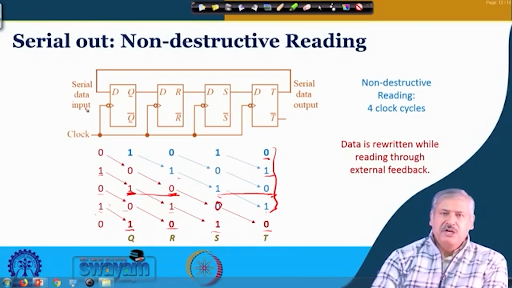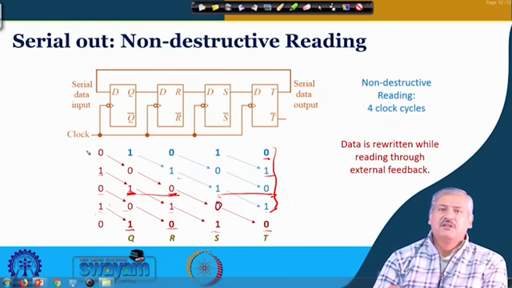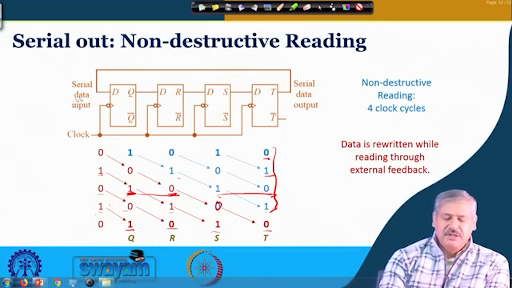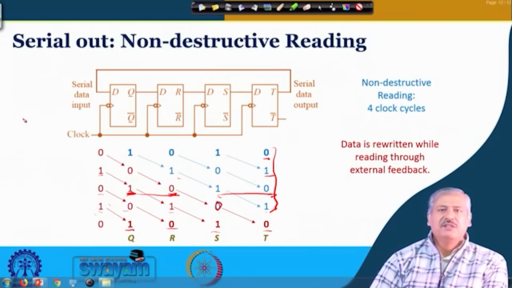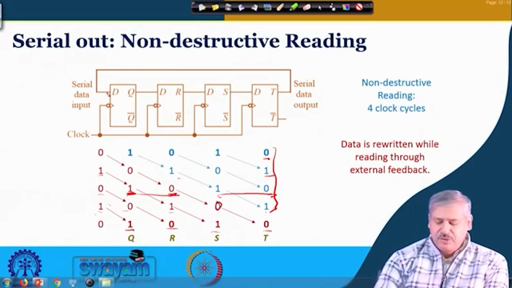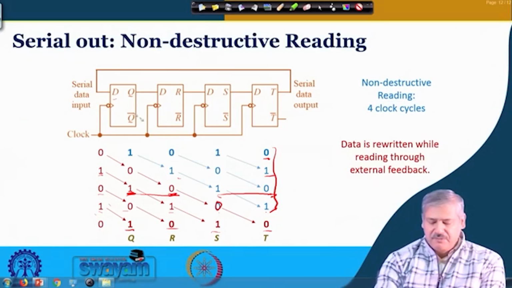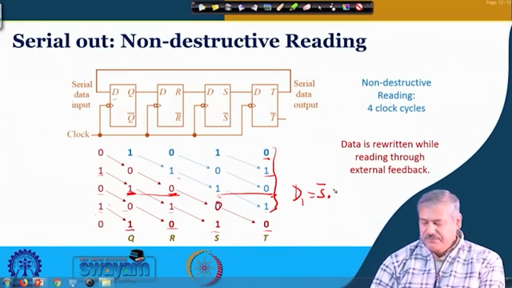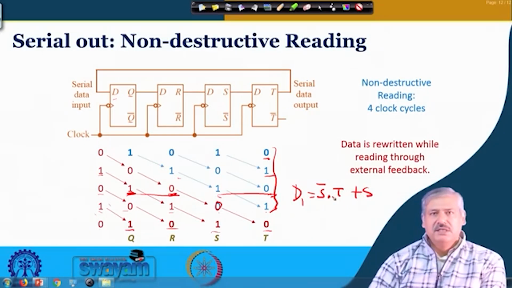Okay. Now, if you want to read it this way and also write through external inputs the way you have seen, would you like to disconnect or again connect the serial data input, that is possible. Or you can think of a 2-to-1 multiplexer kind of mechanism by which this input D over here for the first flip flop. So, D1 is a select input. So, when it is 0, say you are doing the reading. That will be your T plus, when it is 1 you are doing the writing.